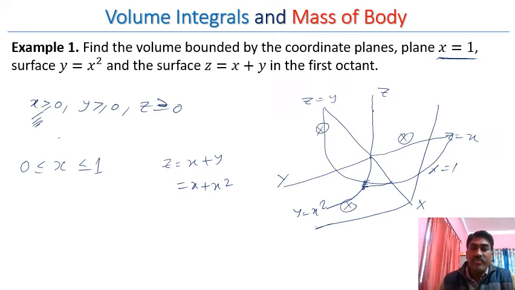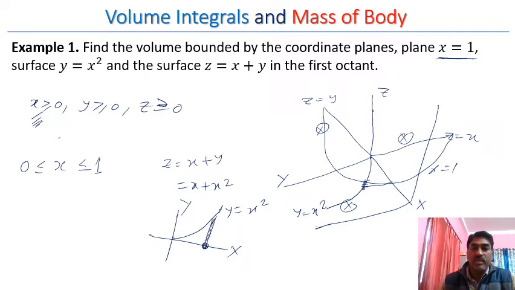Again, just focus on the xy plane. On the xy plane, this is y, this is x, and y = x² is the curve. As we have learned in area and surface integrals, we can take a strip of this type.